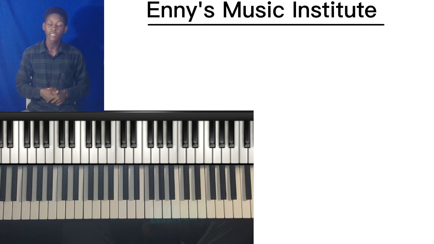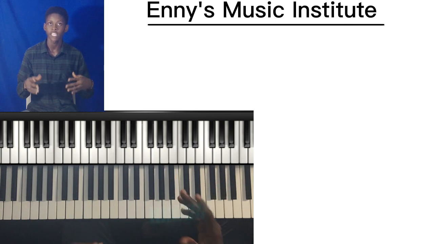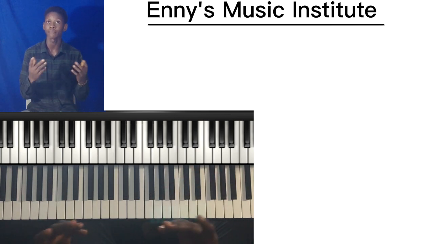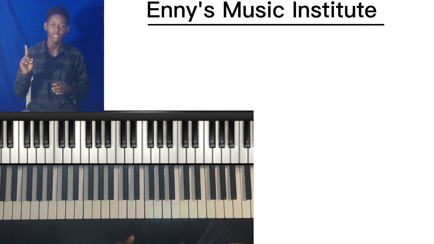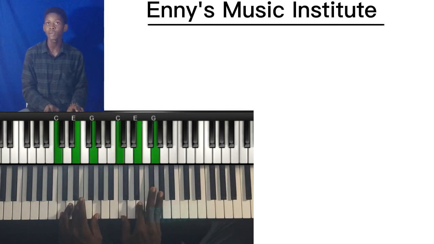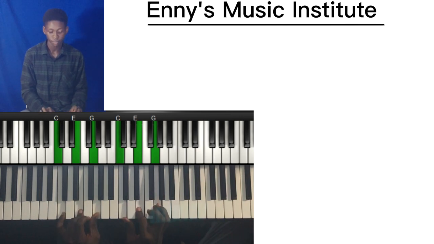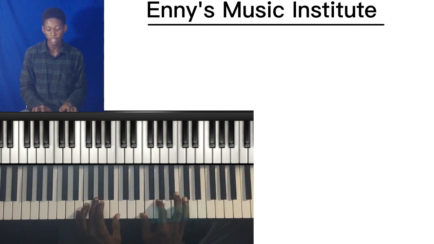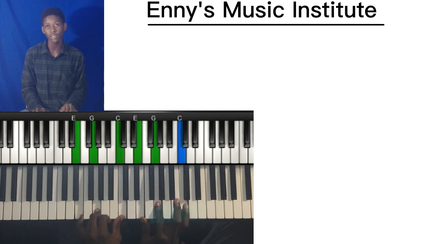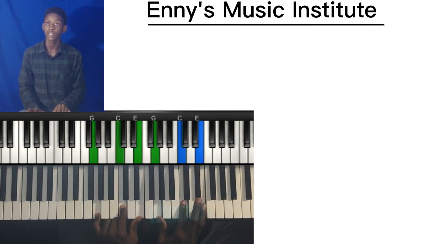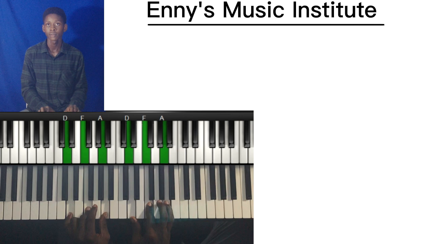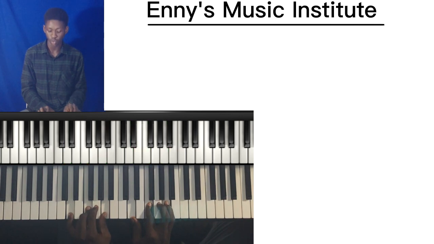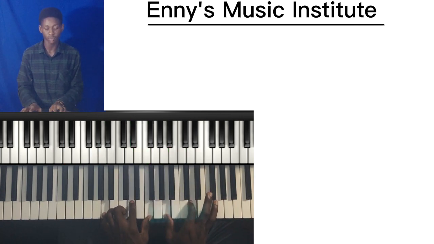Now, one of the really nice ways that drop 2 voicing is used is in inversions. I believe you know what inversions are by now. If you don't know what inversions are, you can check out this lesson. So this is our C major chord in root position. This is the same C major chord in first inversion and second inversion. D minor, root position, first inversion, second inversion.